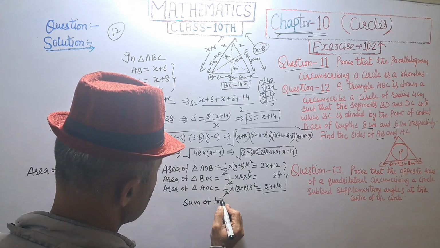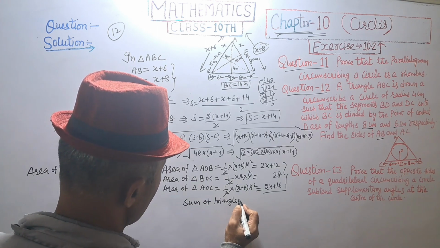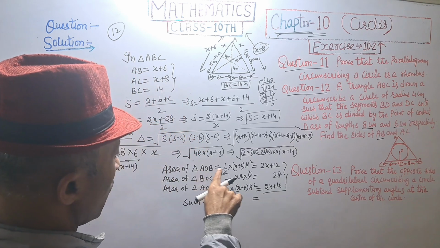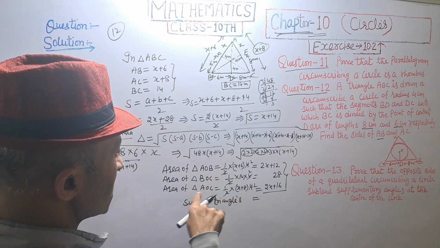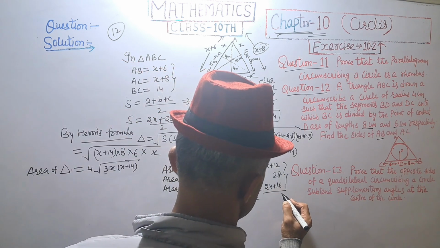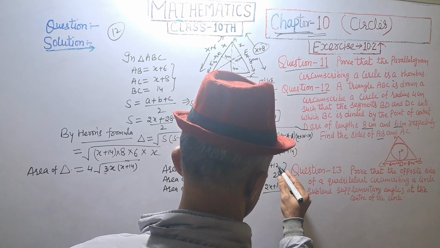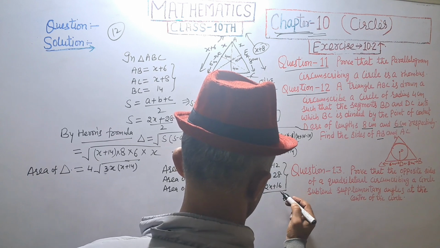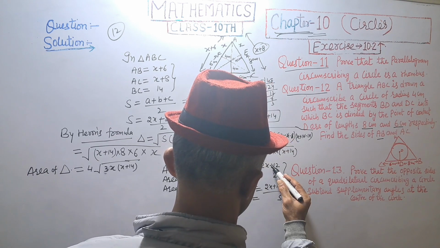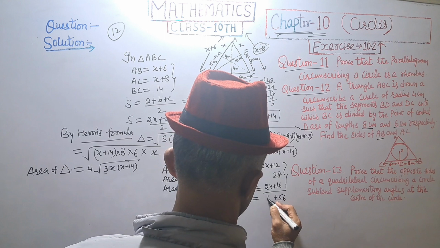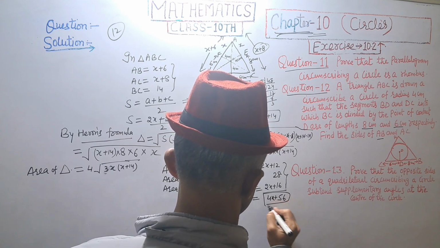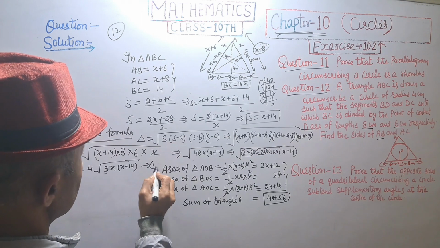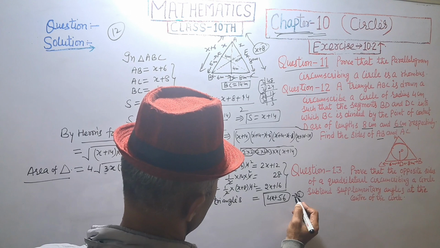That is 2x plus 12 plus 28 plus 2x plus 16, and we get 4x plus 56. This is equation first and second.